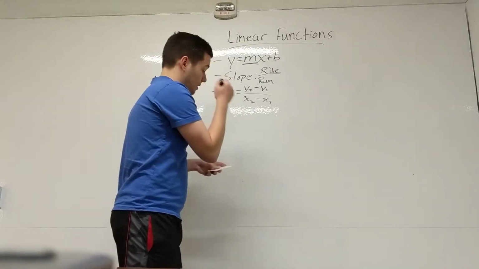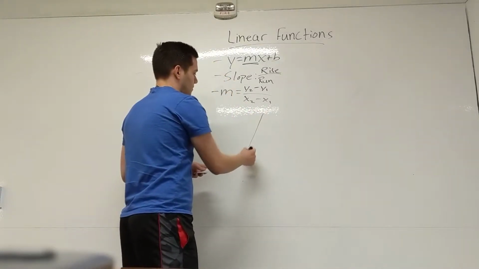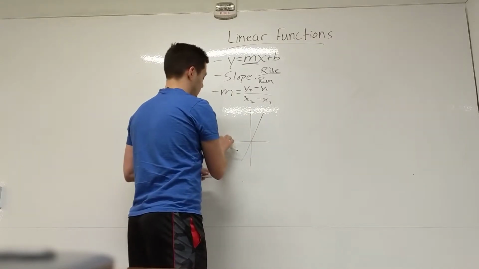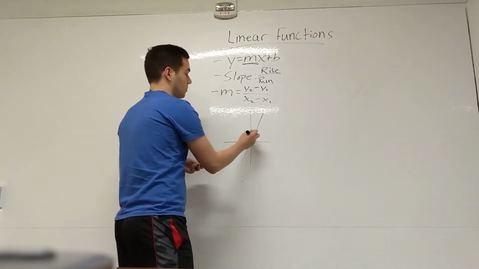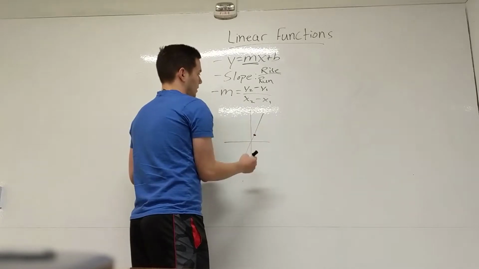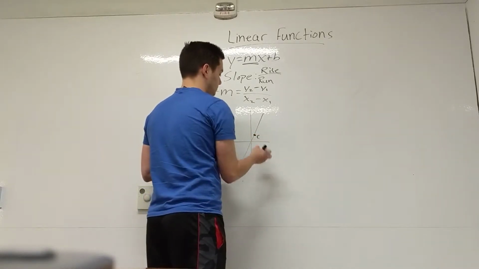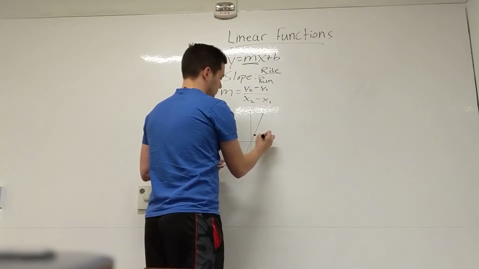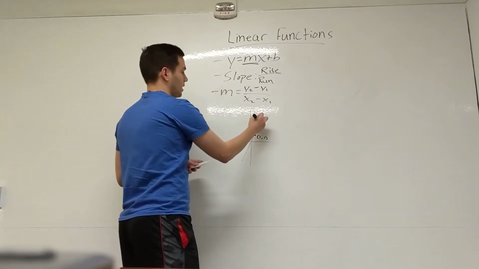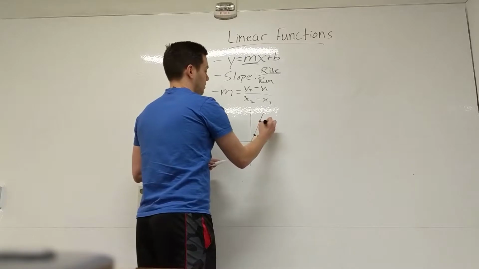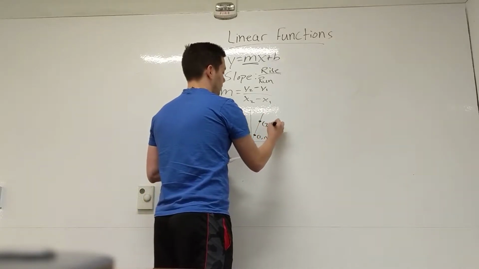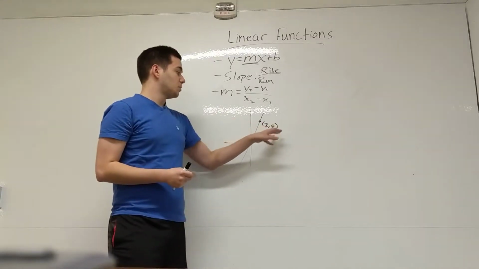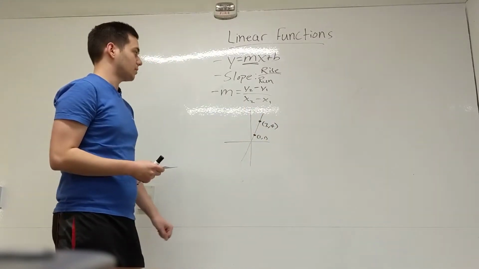So if you have 2 coordinate points, let's say 1, 1, and 3, 4, okay? If you're given 2 points, you can use this to find slope.